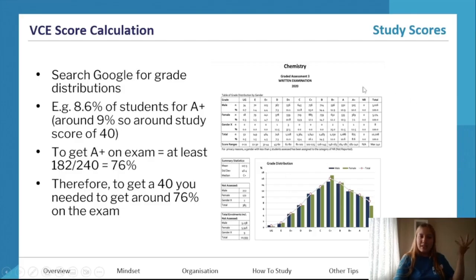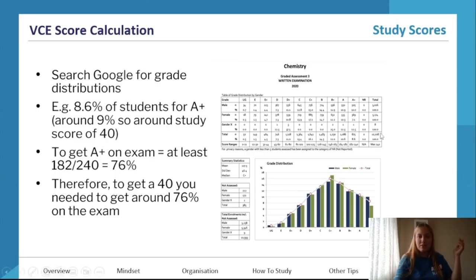What else can you see that's quite important in this grade distribution template? We can see the total number of students, not only separated by gender, so you can compare how females versus males did in a subject that's relevant to you. It doesn't actually have any real significance, and it's always pretty similar.